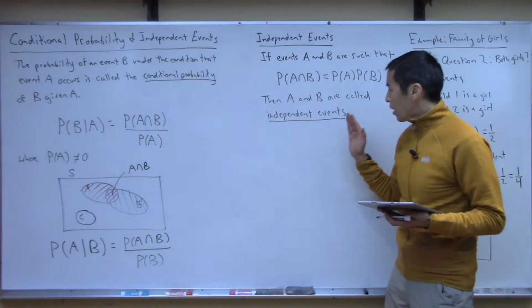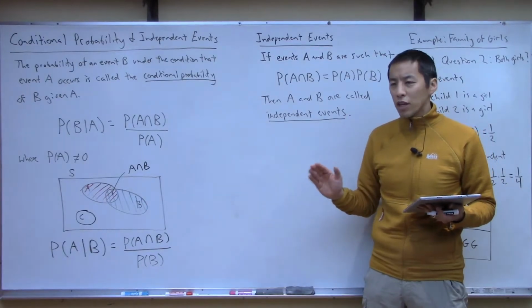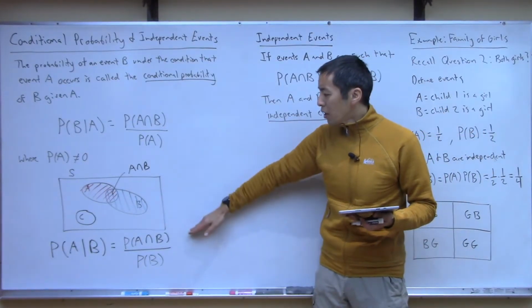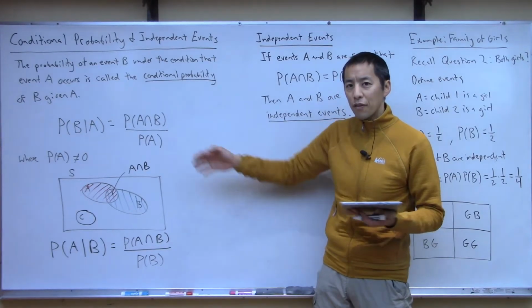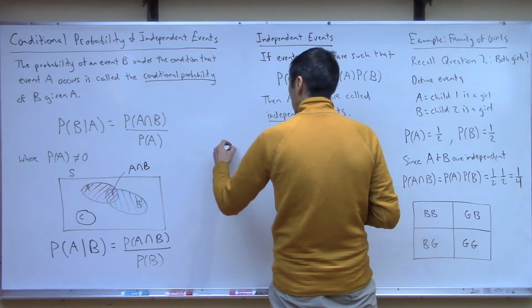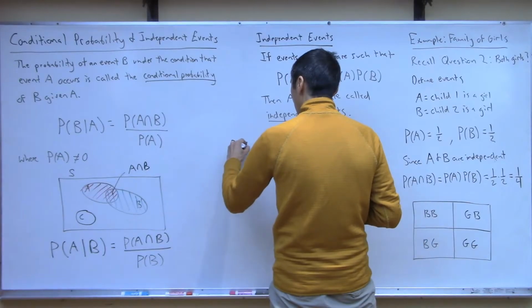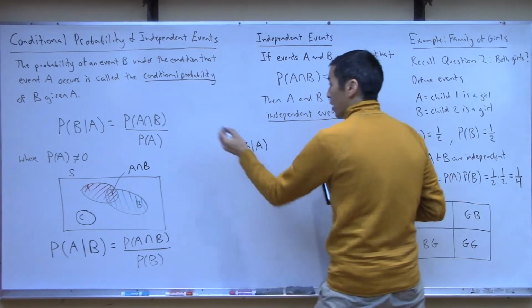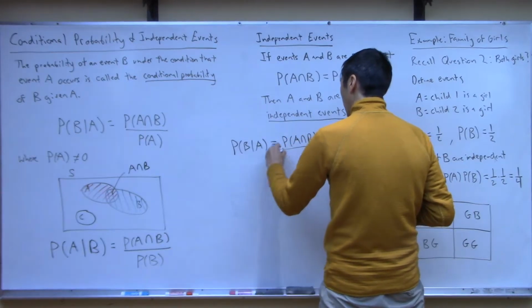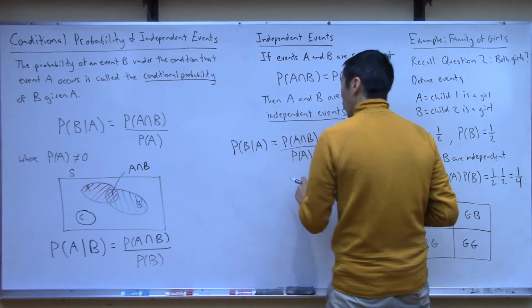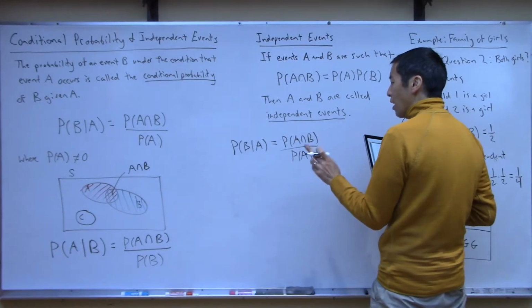Now, we can understand the physical meaning of why they're called independent by examining this conditional probability expression that I left up. So again, let's take a look at our conditional probability of B given that A has occurred. We said that that's the probability of A intersect B divided by the probability of A. Now, let's assume A and B are independent.